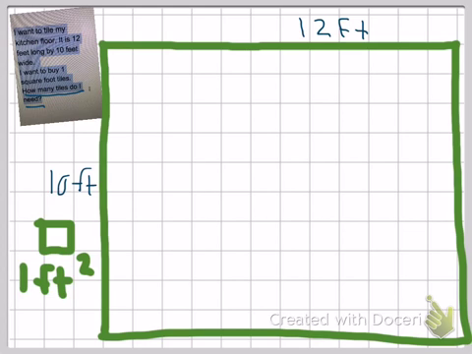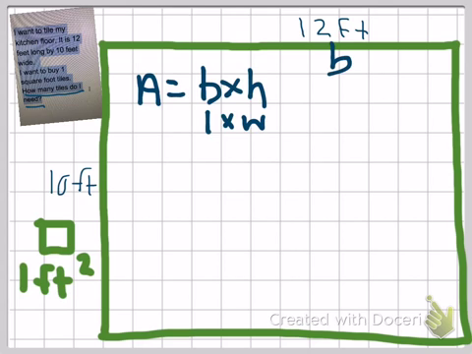Now, you know that the area of a rectangle, because we kind of need to find the area, and we know that because it talks about the size of tiles I need. So we know the area of a rectangle is equal to base times height, or length times width. We could call this the base, we could call this the height, we could call that the base, we could call it the height, okay?